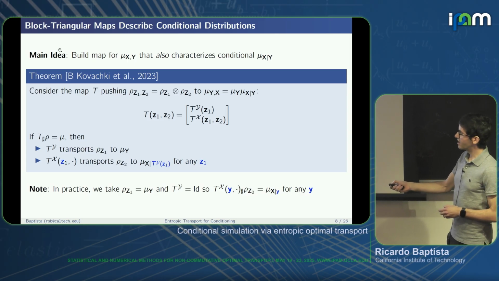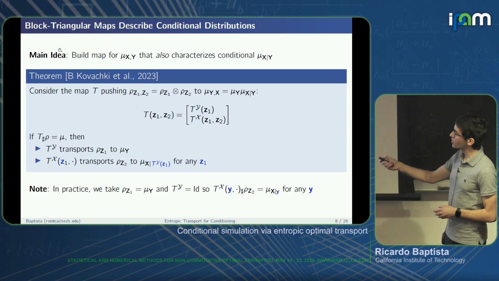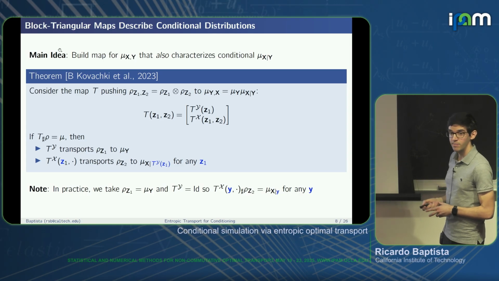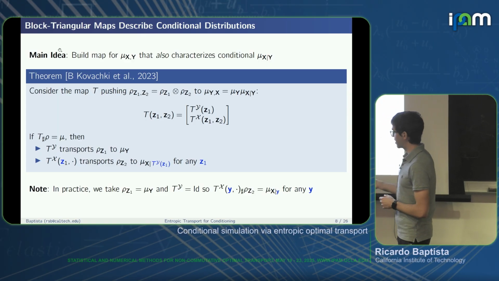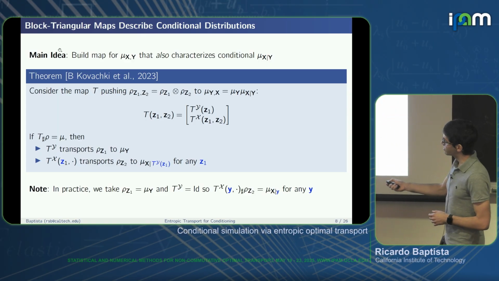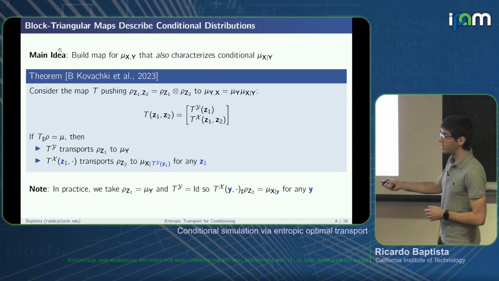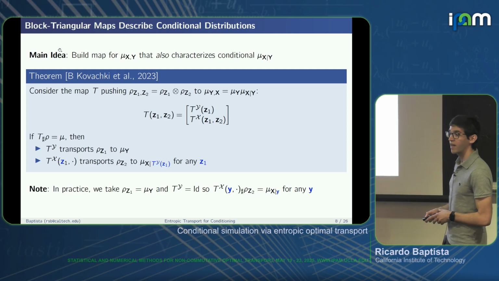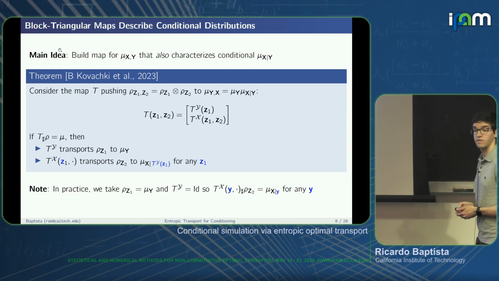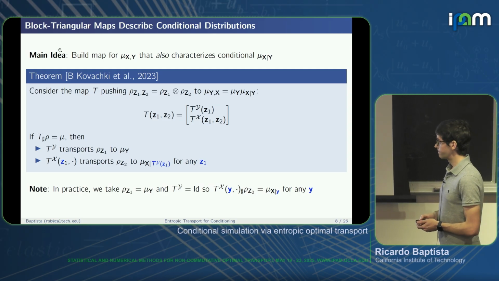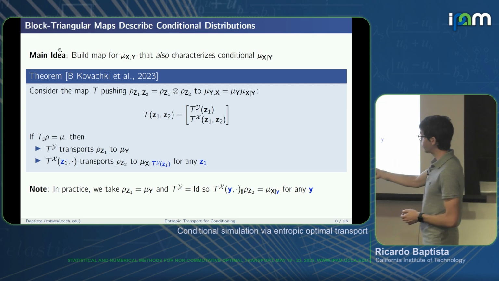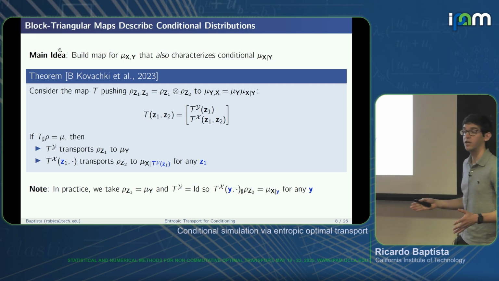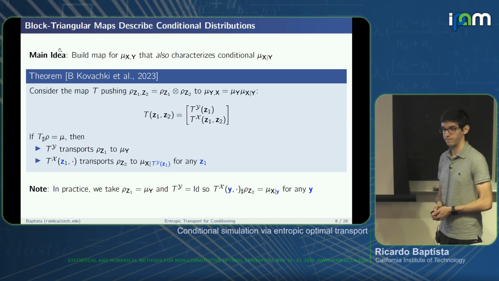And then all we're really looking for is the second component of this map that transports a standard Gaussian and is parametrized by y. So it transports a standard Gaussian to the conditional of x given each instance of y. And by simply plugging in any observation y, we can sample from any arbitrary conditional we're interested in.